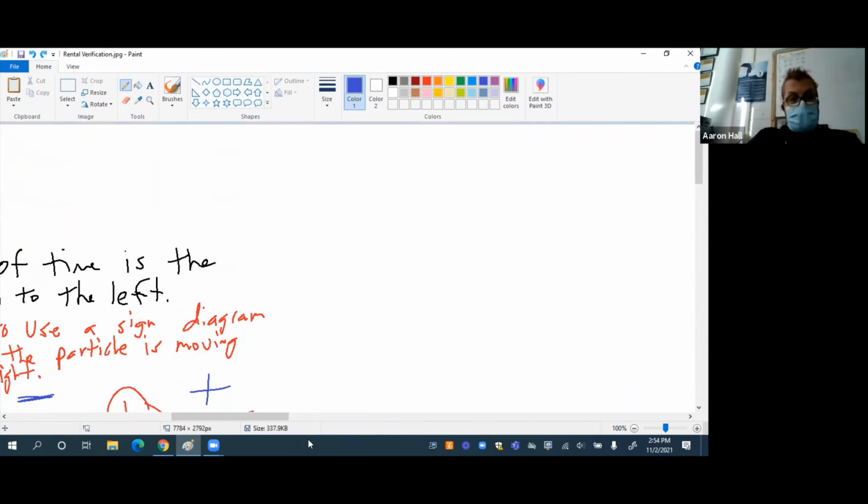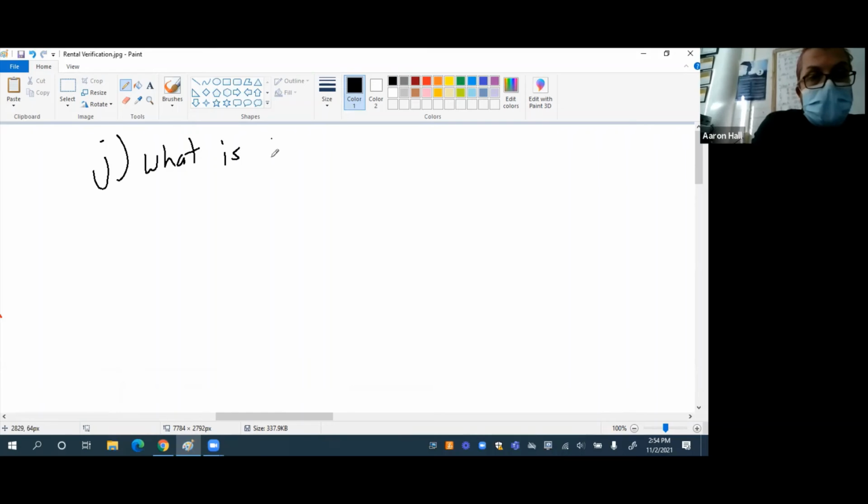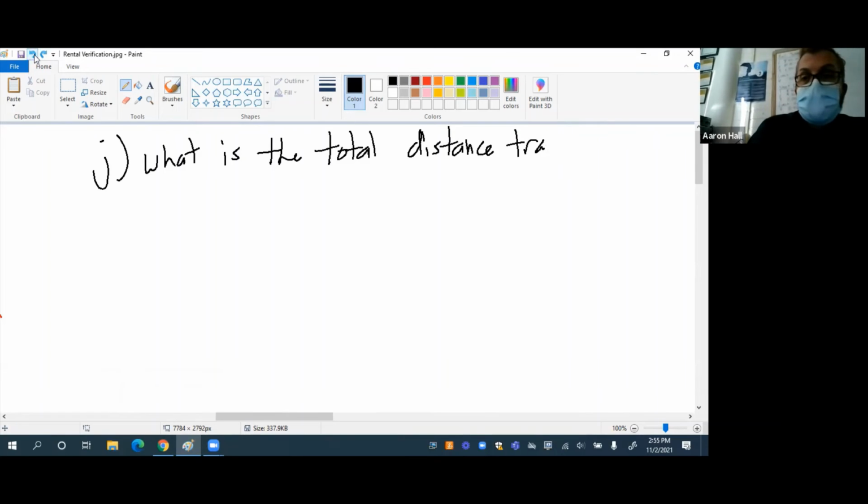Then I have J. What is the total distance traveled from t equals 0 to t equals 2.